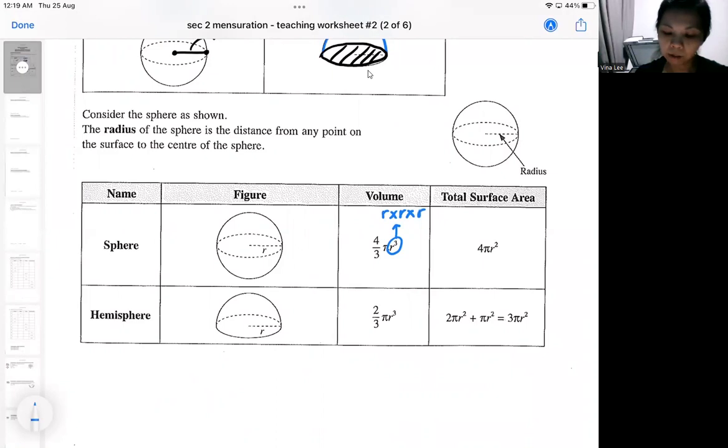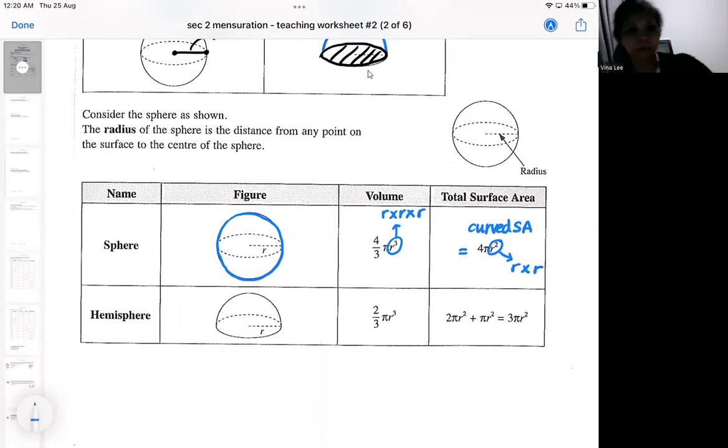Then the surface area: because everything is circular, the surface area is made up of the curved surface area, which is 4 pi r squared. There's a difference: r squared is just r times r, whereas in the volume it is r times r times r.